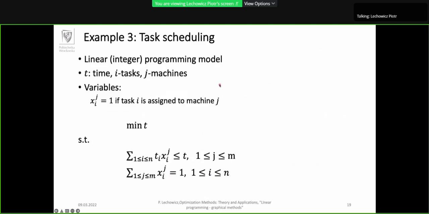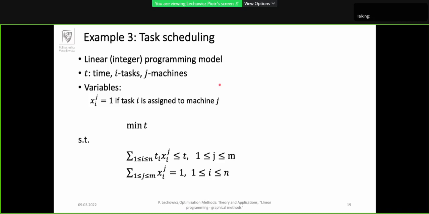So how to create a model for such a problem? It's an integer programming problem because we have to take decisions, and the decision is whether a given task should be realized on a given machine. So this is a yes/no decision.